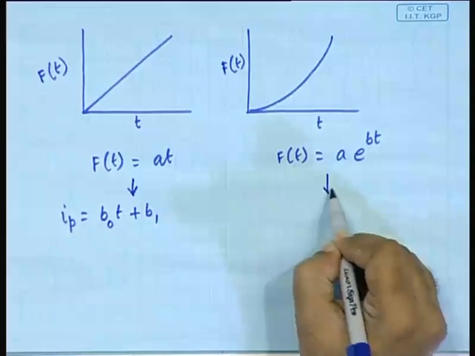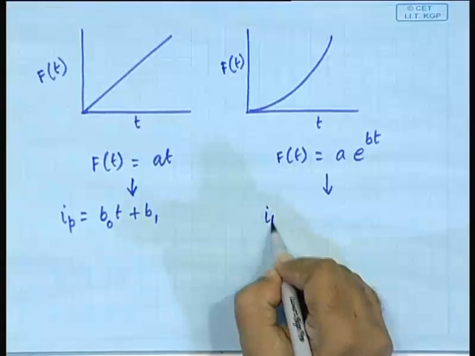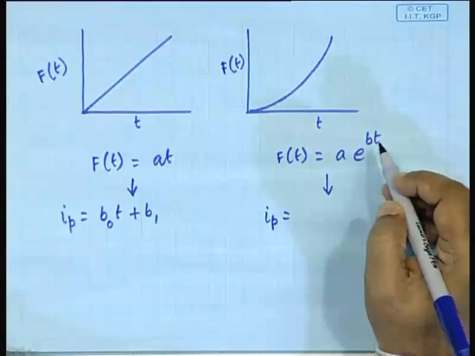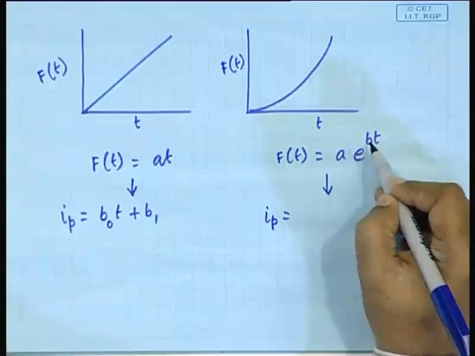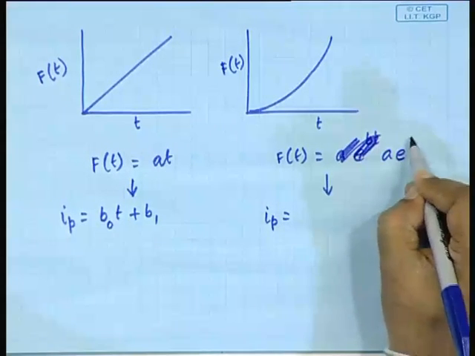In this case, how would you guess a trial solution? Ip, no, what I will do is I will put the exponent as a e to the power alpha t.